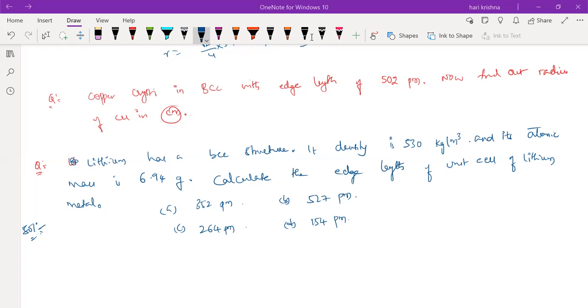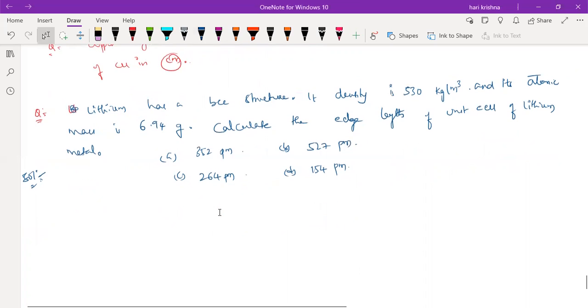It's simple. First, what you have to do here? First, write the density formula.